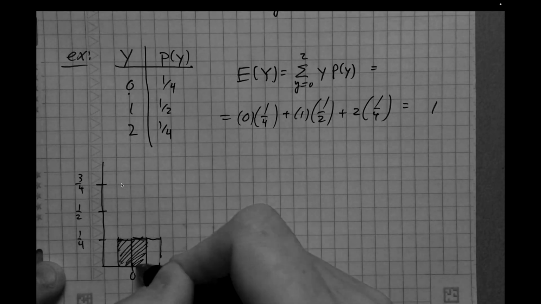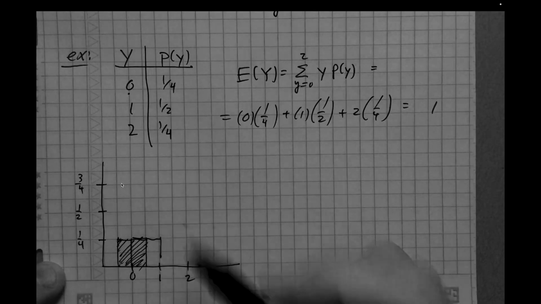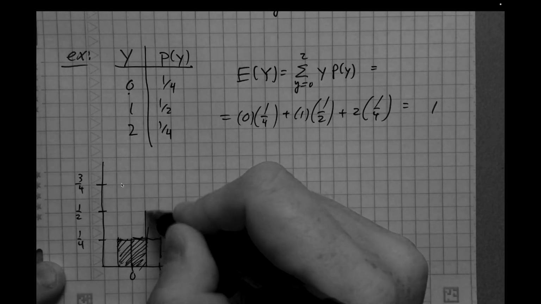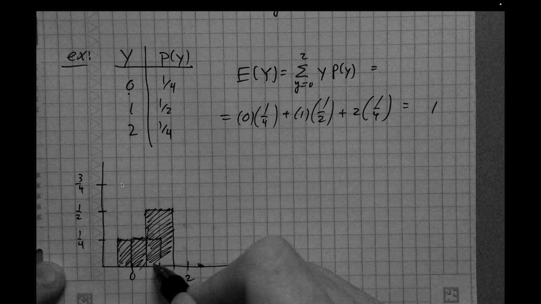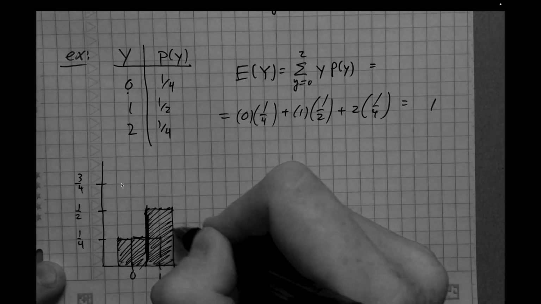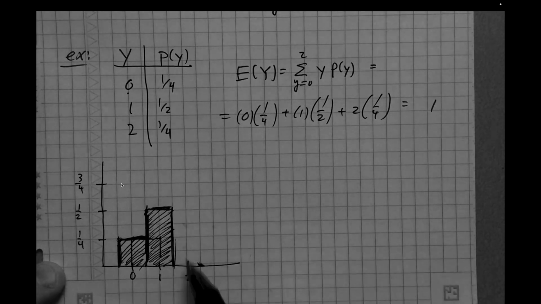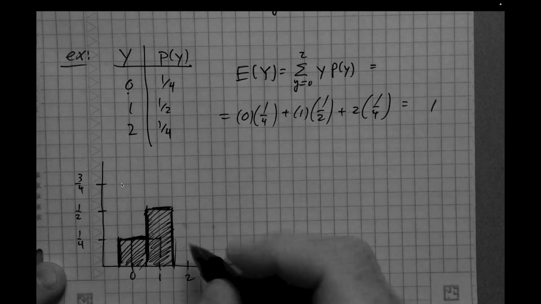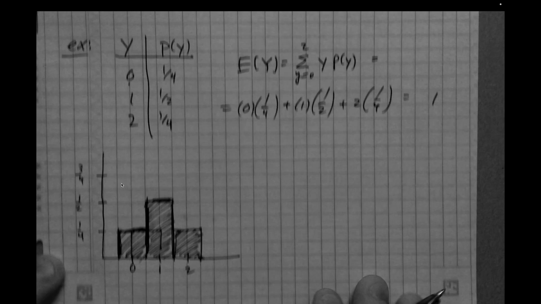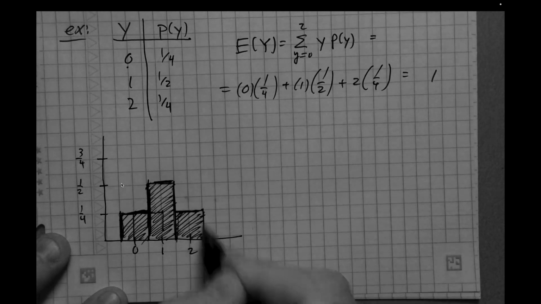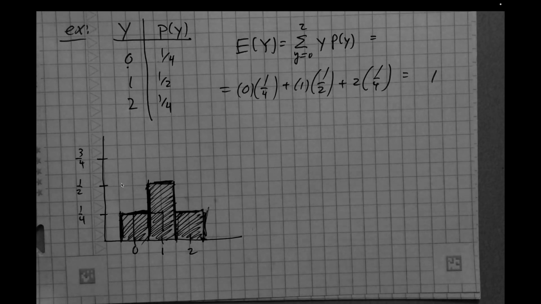Apologies. And the probability of a 1 is 1/2. So it jumps up to here. Okay. No problem. And then the probability of 2 is 1/4 again. So that's down here. Okay, and so we can see sort of a visual presentation of this probability distribution.